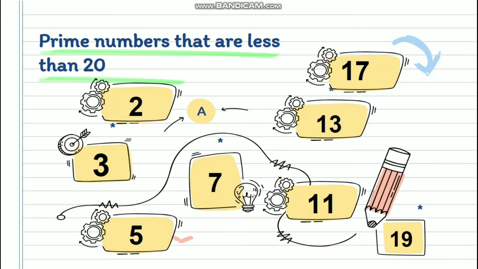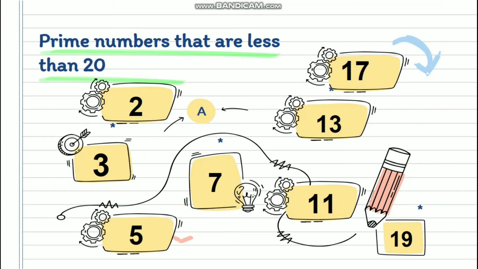These are the prime numbers that are less than 20: 2, 3, 5, 7, 11, 13, 17, and 19. We have more prime numbers bigger than this, but these are the ones we usually use.